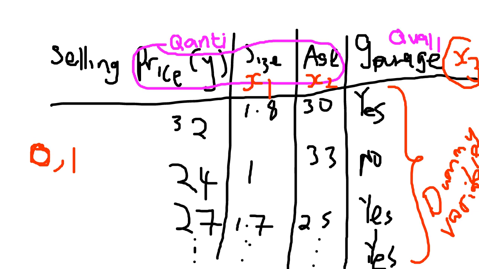Like in our case, we have yes, the house that you are trying to buy has a garage. The second house, I said no. The house that you want to buy with 24,000 doesn't have a garage. So no represents the absence of something, but yes represents the presence of something.